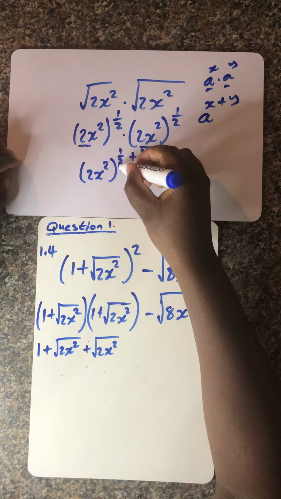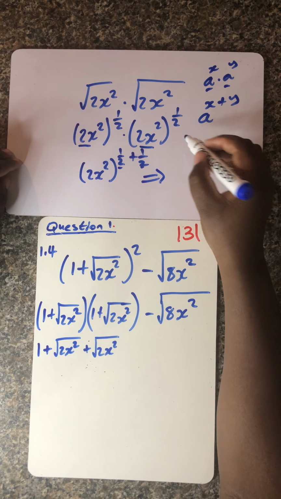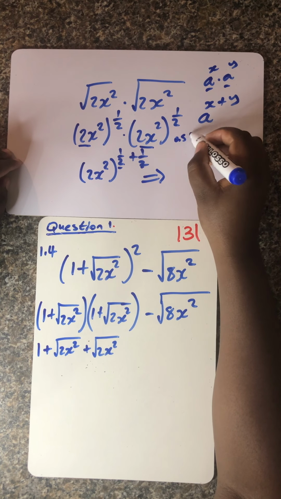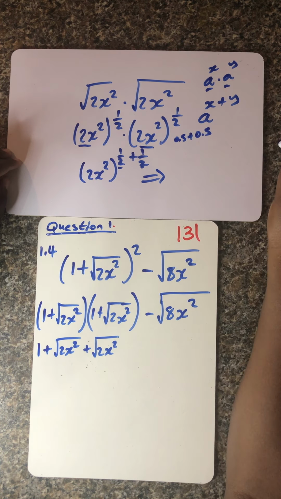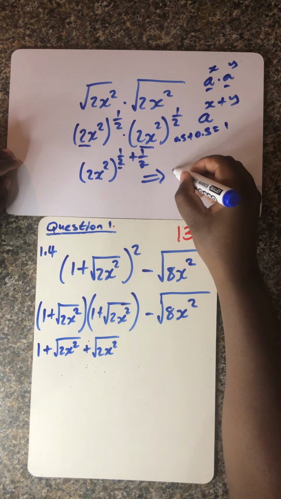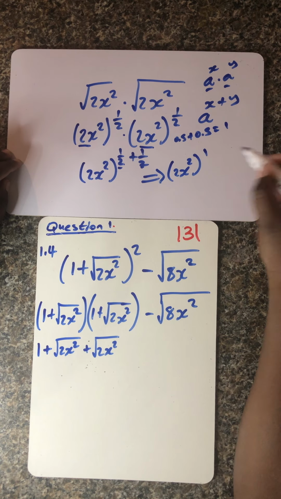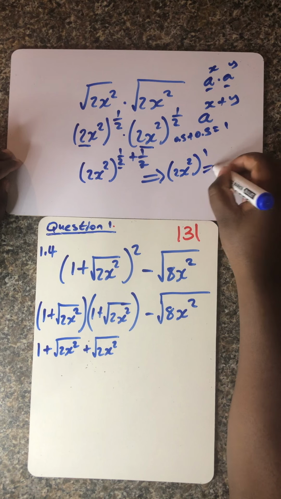The exponents in this case are the numbers. So guys, what is half plus half? Half plus half is equals to 1, guys. Even if you punch on a calculator, half plus half is equals to 1. So ladies and gentlemen, that means we've got 2x squared to the exponent 1. So this one is multiplying that 2.